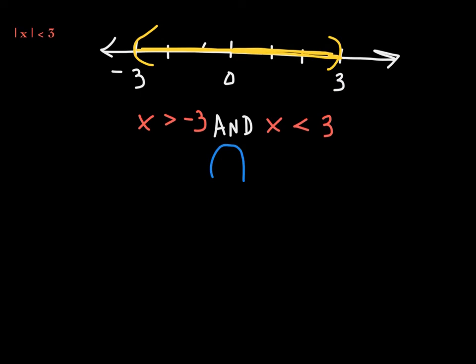So absolute value inequalities with the less than symbol are intersection problems. We're going to turn every absolute value inequality with the less than symbol into a compound inequality with the word and in the middle, which implies intersection.